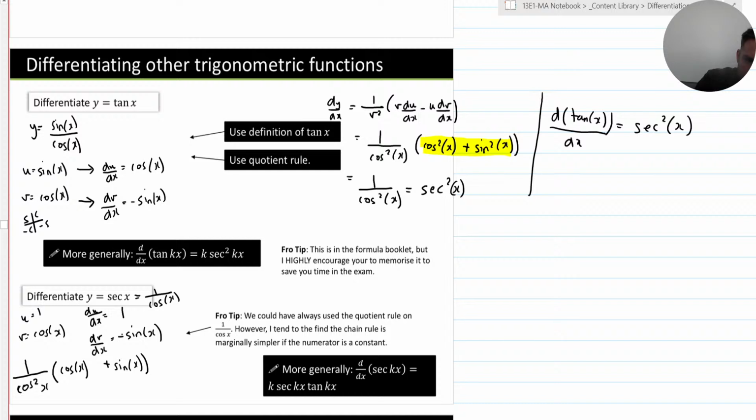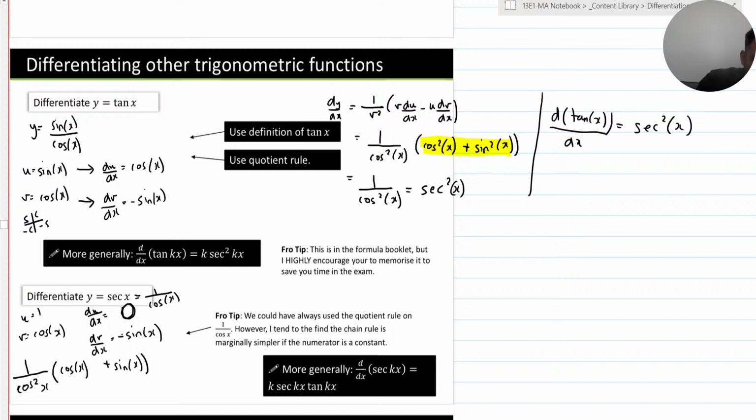Just check that I'm getting this right. Yeah, sorry, this one here, I knew there was a mistake there somewhere. If I differentiate u, it's not 1, is it? It's going to be equal to 0 there.